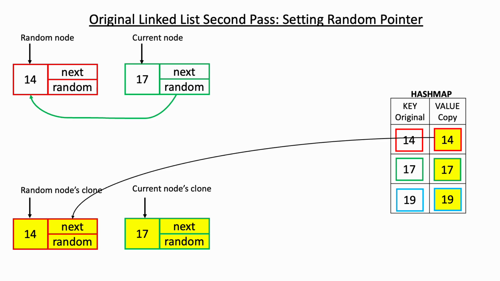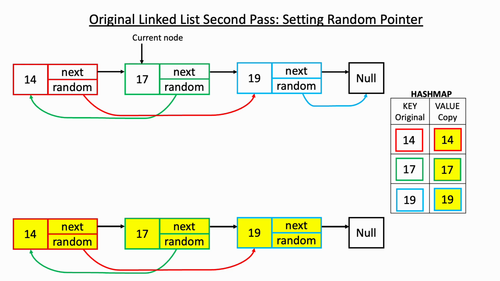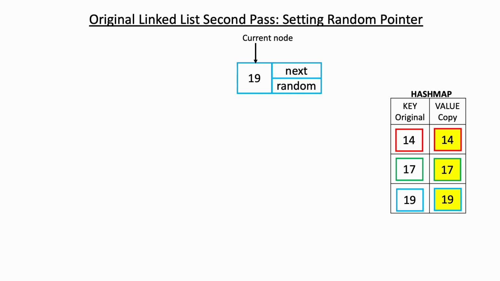Now we make the random pointer of the current node's clone point to the random node's clone. This is the state we will be in after setting the random pointer of cloned yellow node 17. We move our current node pointer to the next node 19 in the original linked list.